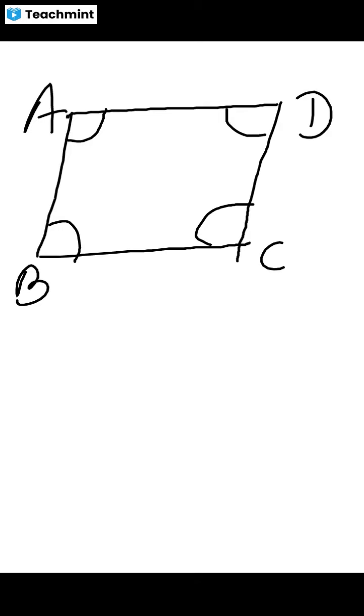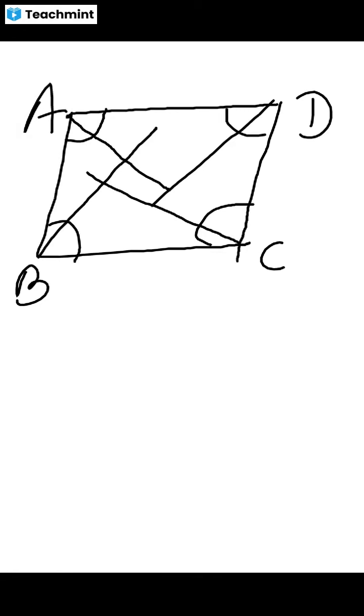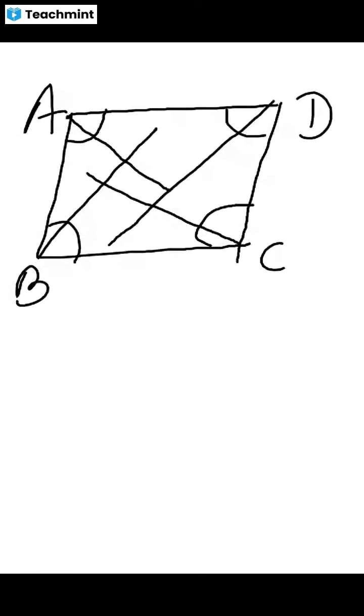Okay, so first we have to draw the angle bisectors. This is the angle bisector of A, this is the angle bisector of B, this is the angle bisector of C, and this is the angle bisector of D. I could not draw the figure properly, but this smaller one, we have to prove that this is a rectangle.